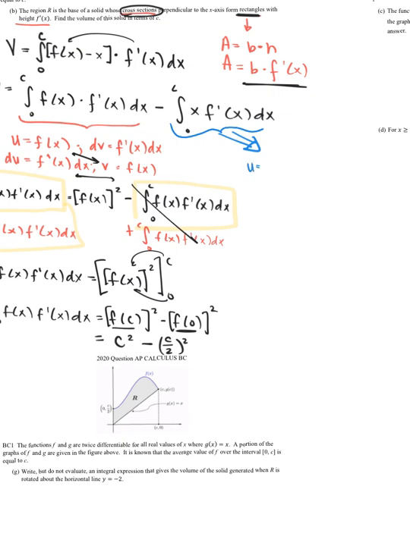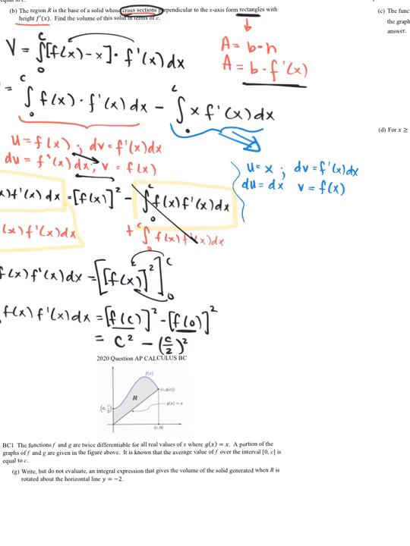So u is going to be x, and then my dv will be f prime of x dx. So the integral of dv would be v, and then the integral of f prime would just be f of x. And then the derivative of x is just 1, so 1 dx. Okay?